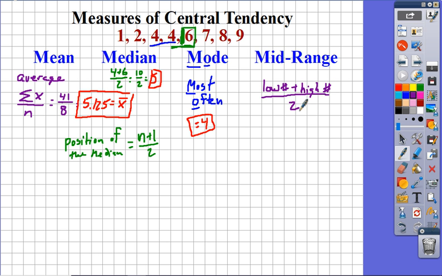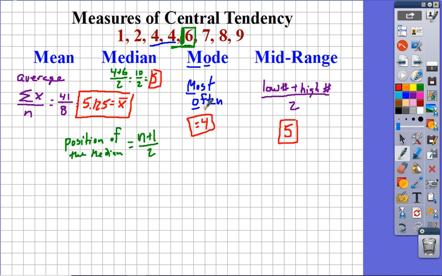So notice all that is the average of the two endpoints. So the average of the two endpoints in this case, 9 plus 1 is 10, 10 divided by 2, we would have a mid-range of 5. Again, another measure of center. Now what that is, that's the center of the two endpoints.